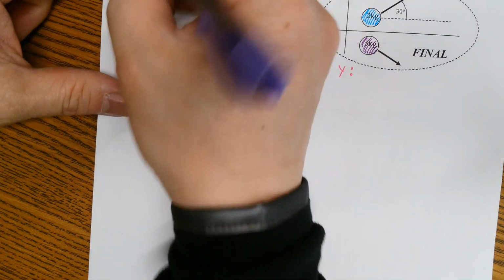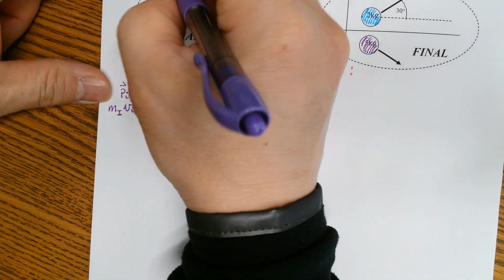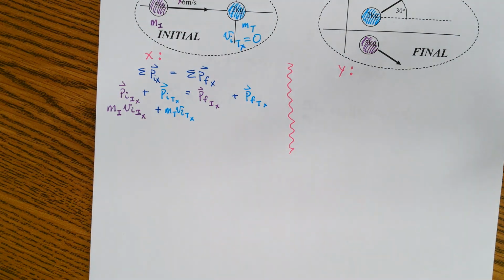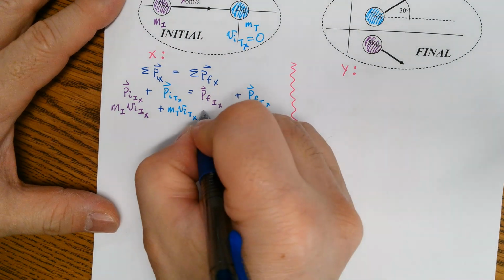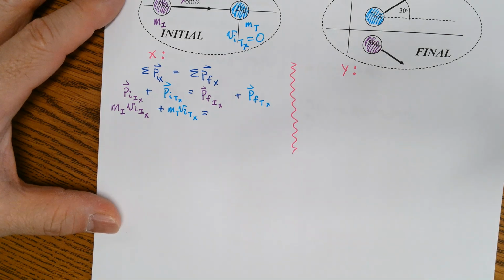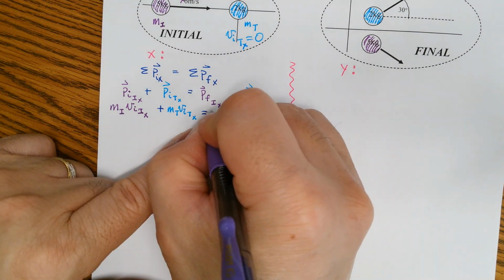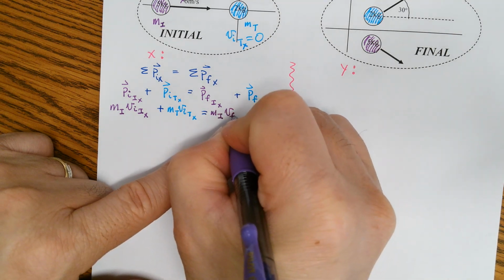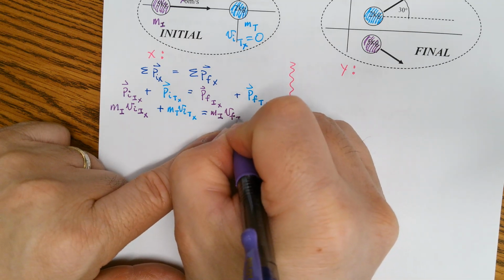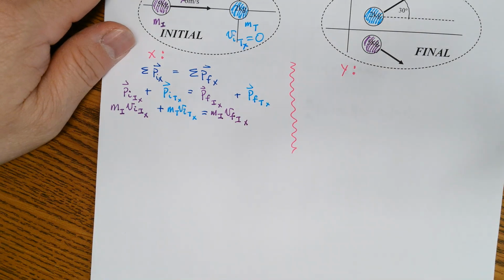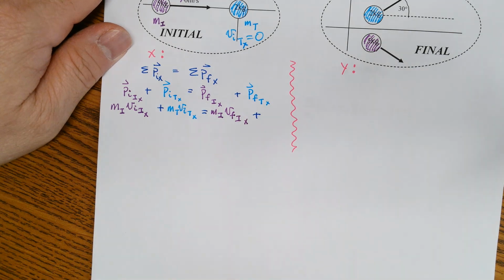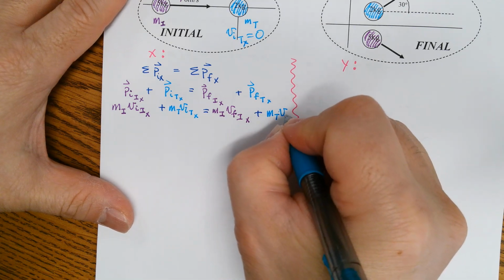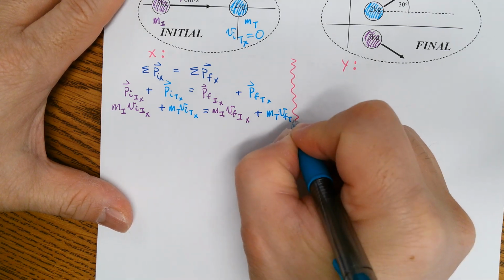That has to equal mass incident times v final incident x, plus mass target times v final target x.